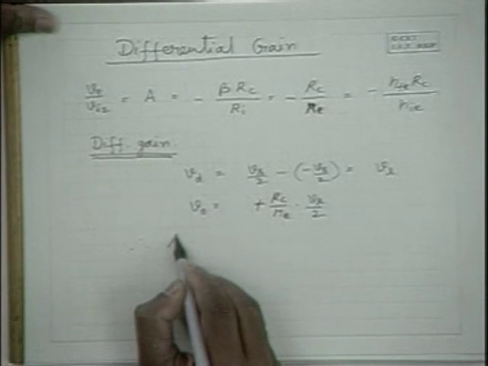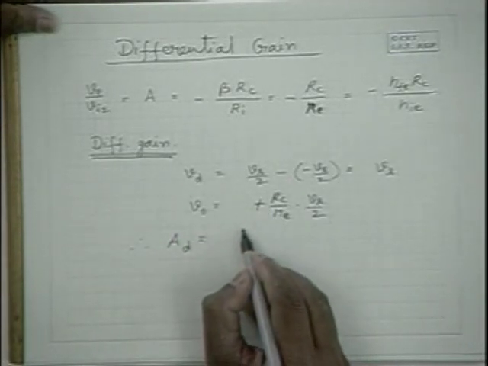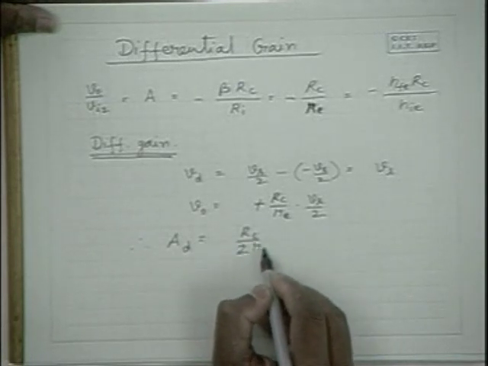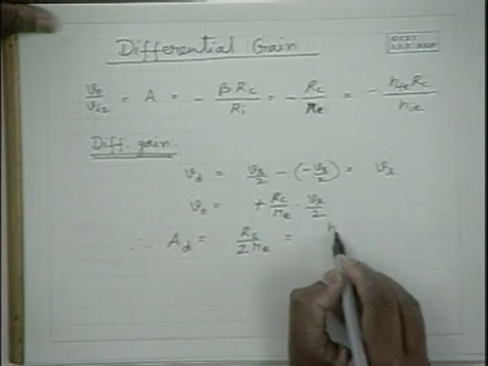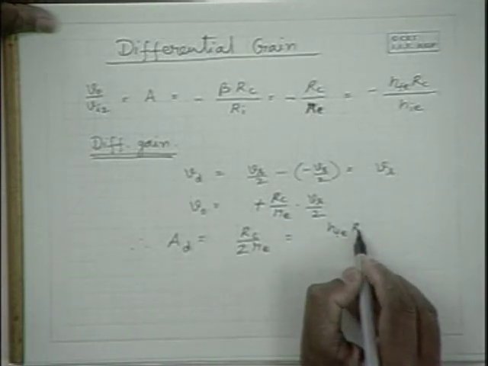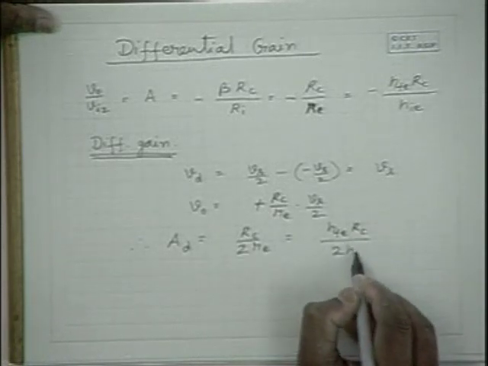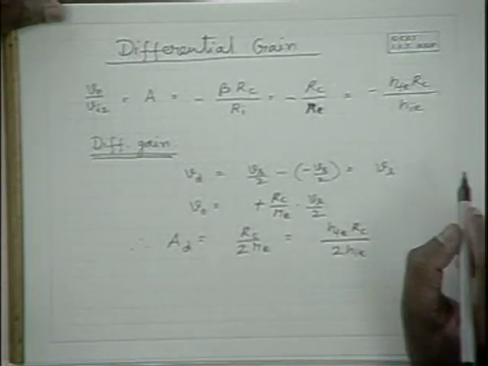Therefore, the differential gain is equal to RC by 2 Re, and this is equal to HFE RC by 2 HIE in terms of the H parameters.